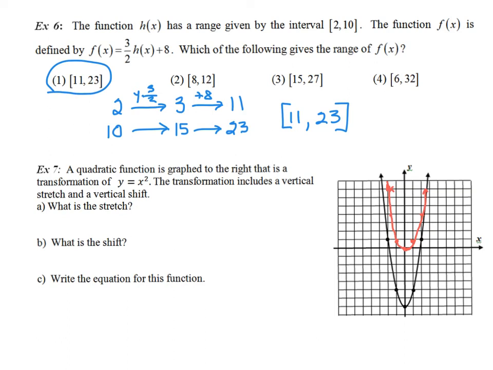So the easiest one to look at would be the point 0, 0. 0, 0 became the point 0, -7. Well, in order to become the point 0, -7, it doesn't matter what I'm multiplying by because I'm multiplying 0 and that stays 0. But I can clearly see that this is going to be a shift down 7 units. So the shift is going to be a translation down 7.